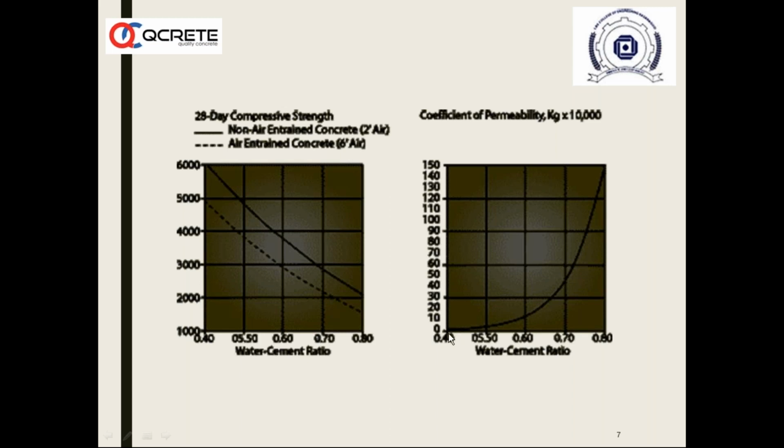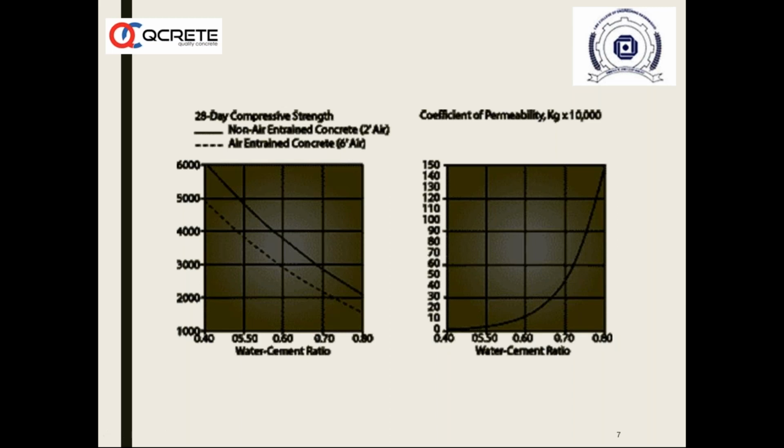Let us say 0.4, the permeability is least. It is touching the x-axis. The impermeability is maximum. On the other hand, when you are moving towards 0.8, the permeability is highest. The concrete becomes almost porous.